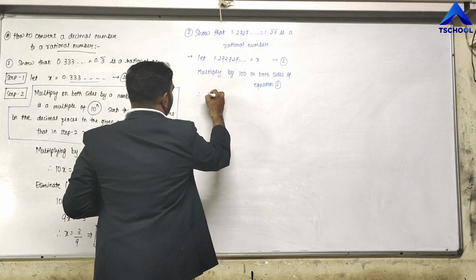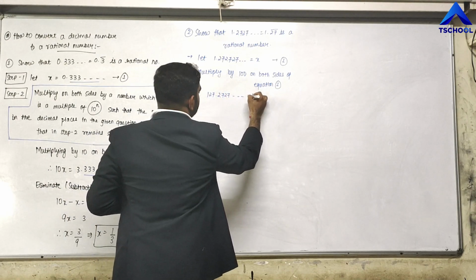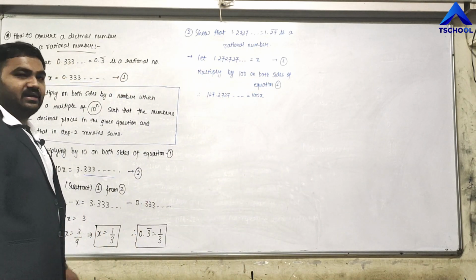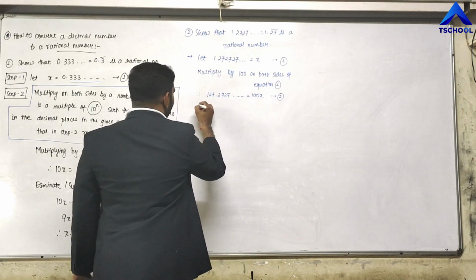Therefore 127.2727 is equal to 100x, right? Let me say this is equation number 2.